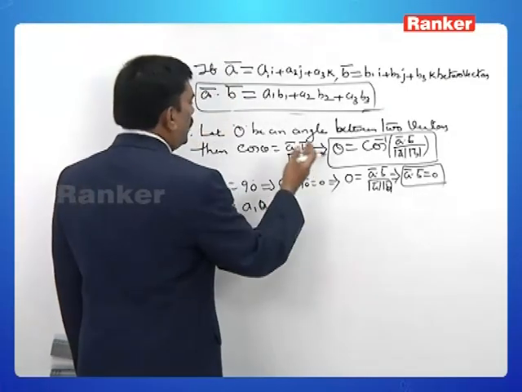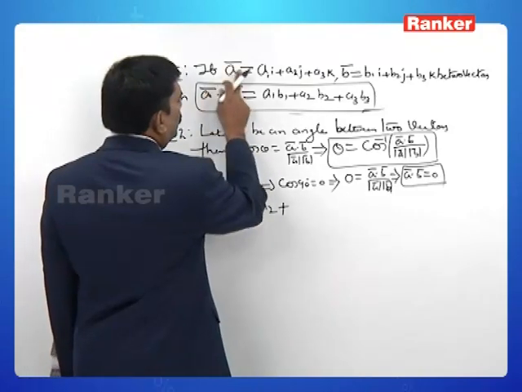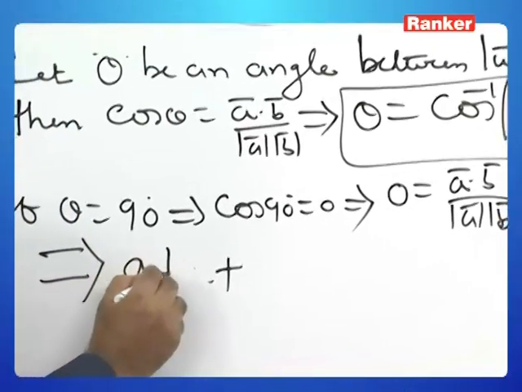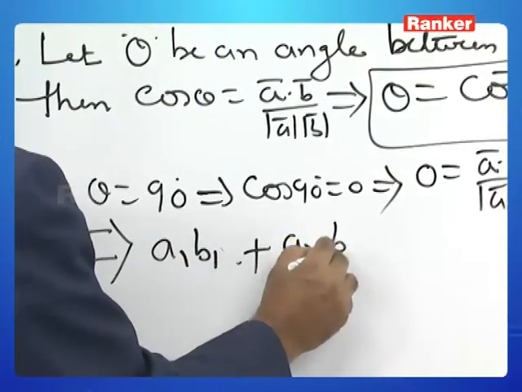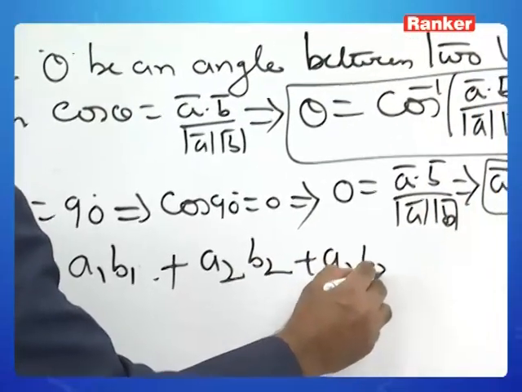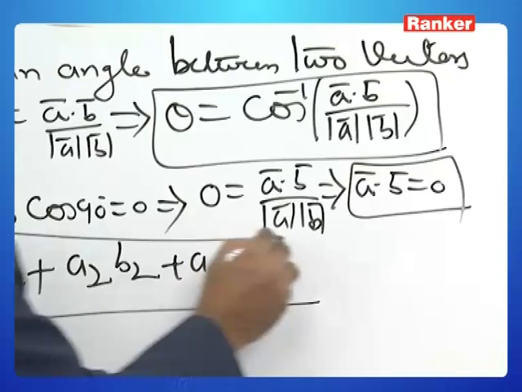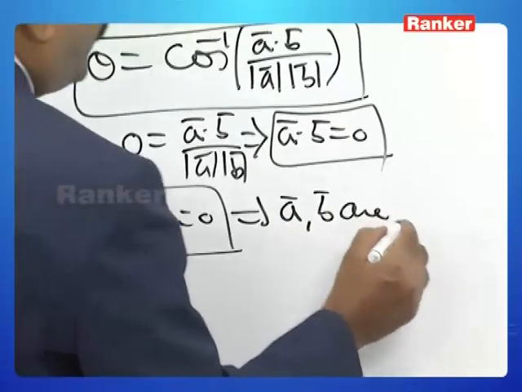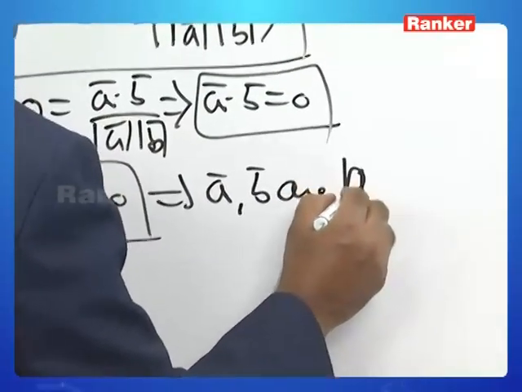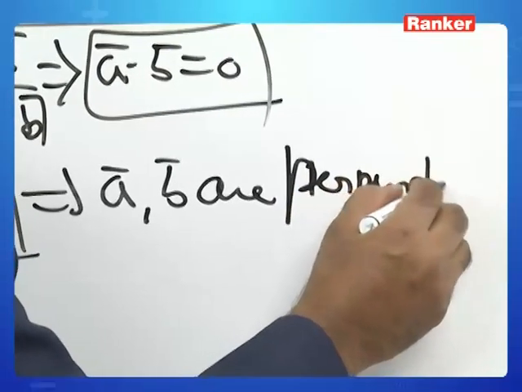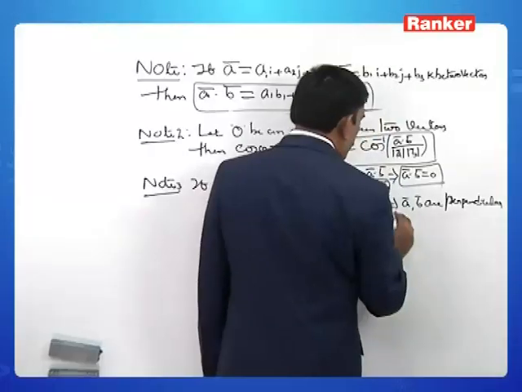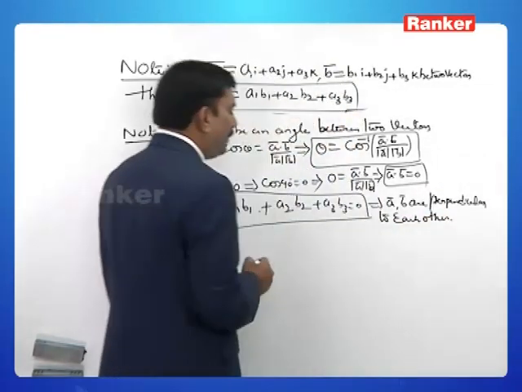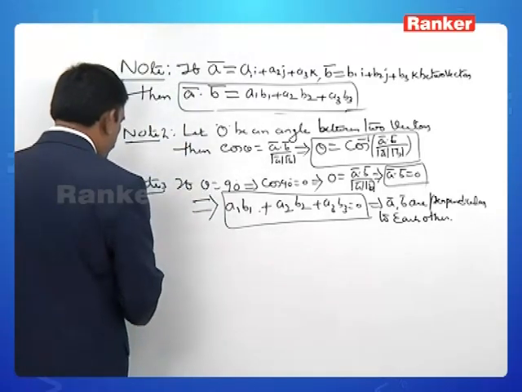I have taken A bar and B bar, so if A bar is equal to A1 i, A2 j, A3 k, and B bar similarly, I can write A1 B1 plus A2 B2 plus A3 B3 is equal to 0, which implies A bar, B bar are perpendicular vectors to each other. Next, note 4.